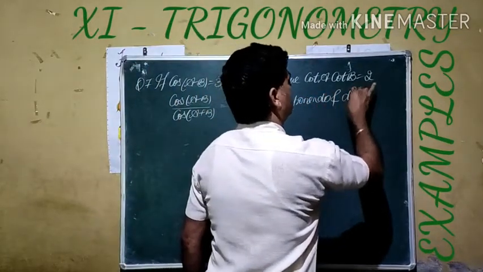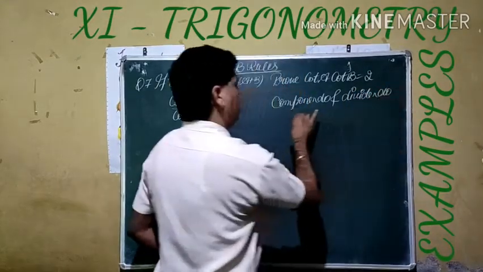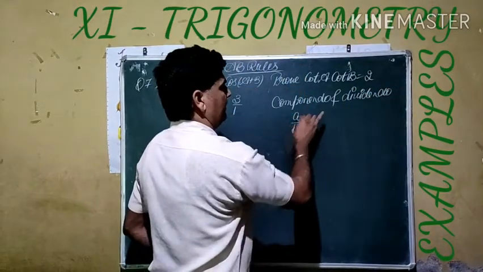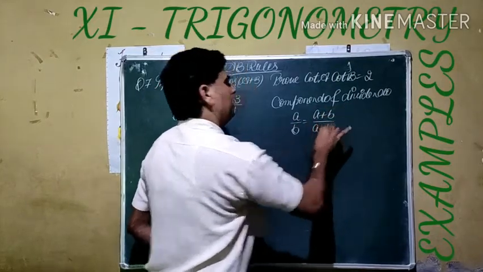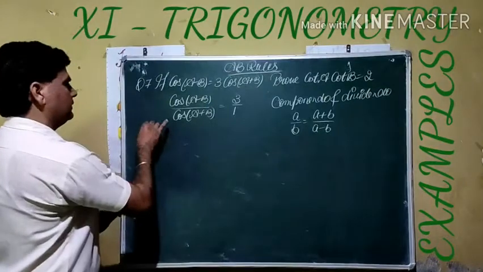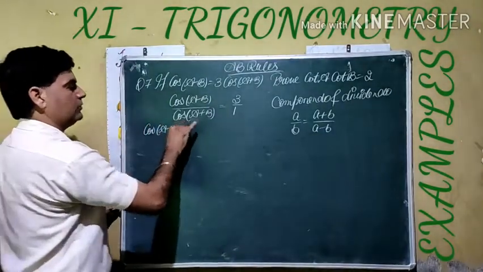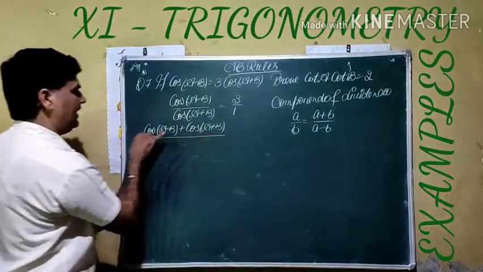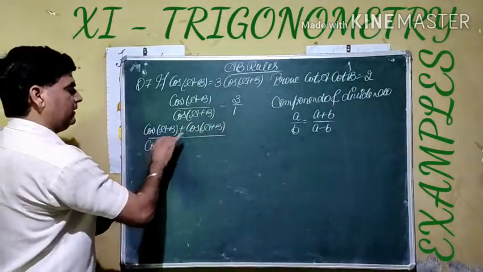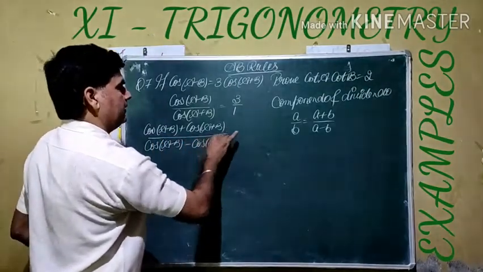If you remember it, this rule is: if any value is written as a by b, it can be written as (a plus b) divided by (a minus b). We are going to use this one. So cos of (a minus b) plus cos of (a plus b) and cos of (a minus b) minus cos of (a plus b).